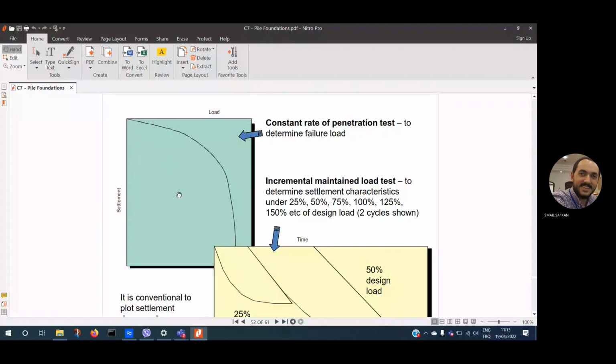Yes, as I said, 1, 2, and 3. Which one is the strength for that pile that you tested? Is it here, or this level? Third one. If you identify it, name it. Say, this is the maximum. This is the peak.